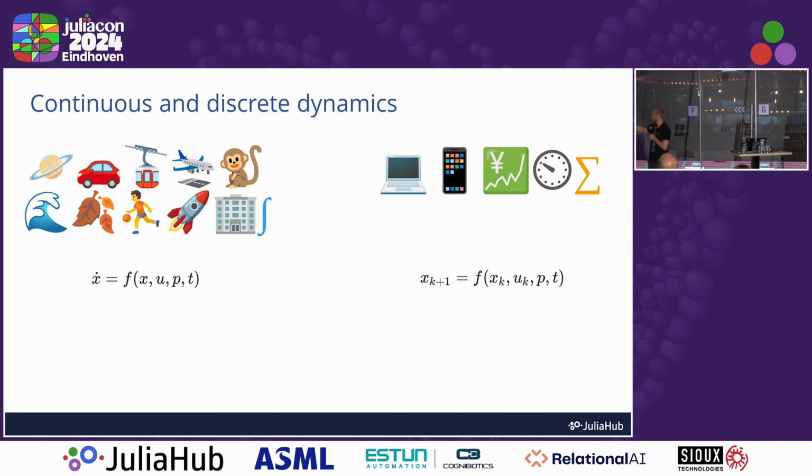Whereas here on the right-hand side, we also model change in some sense. But we model the state at the next time point as a function of the state at the current time point. So k here is a sequence index. x of k is the x at the current time point, whereas x of k plus 1 is then the next state.